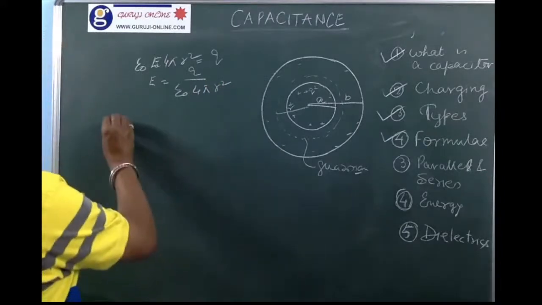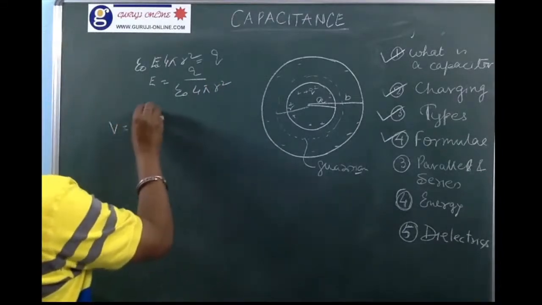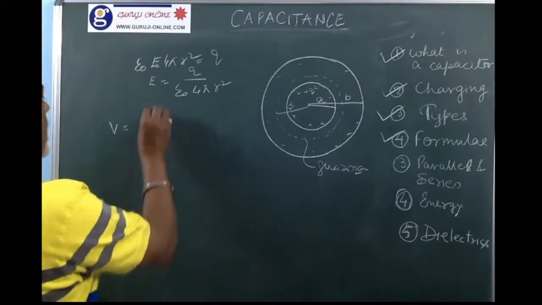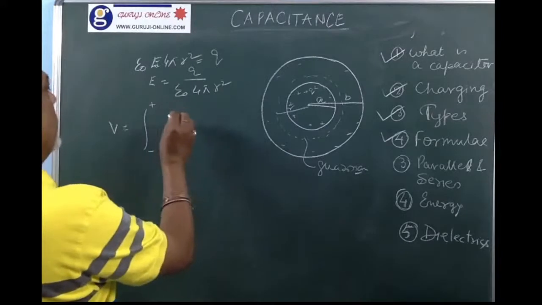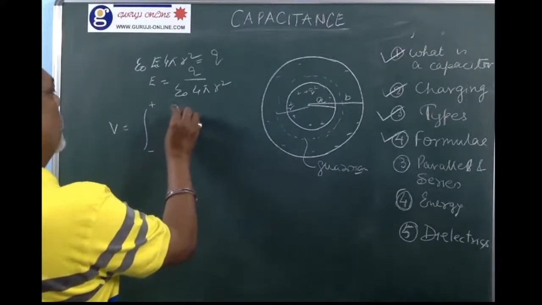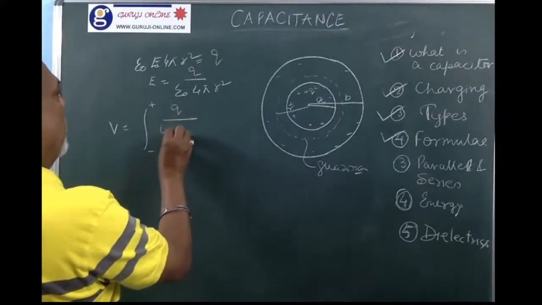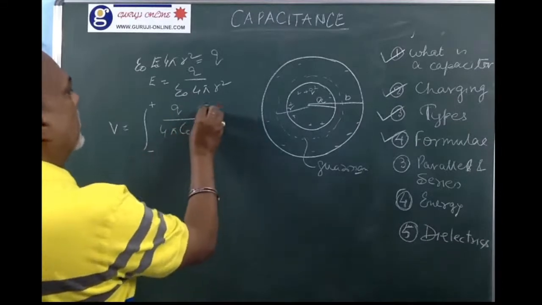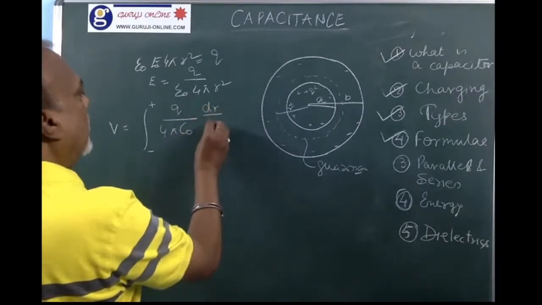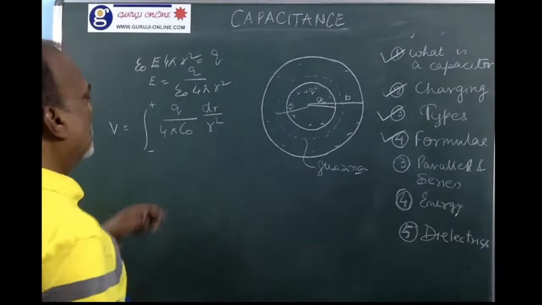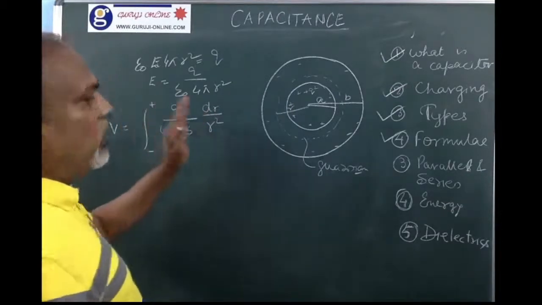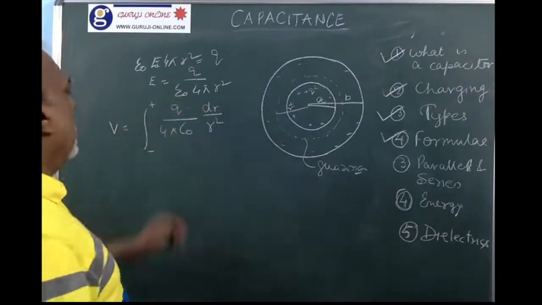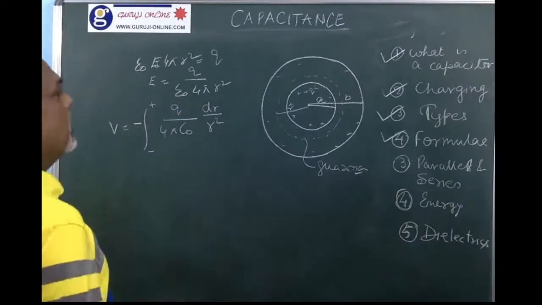Same way, here V will be minus 2 plus. It will be Q upon 4 pi epsilon 0 integral dr upon r square, because it is E into ds. ds will be minus dr, so naturally it will be minus.